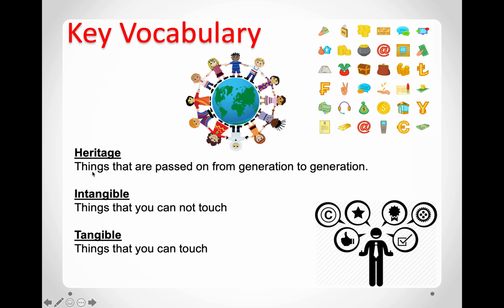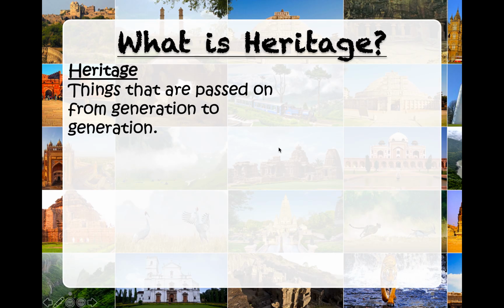Heritage: things that are passed on from generation to generation. Intangible: things that you cannot touch. Tangible: things that you can touch. This sounds rather confusing. So let's understand it a bit better.